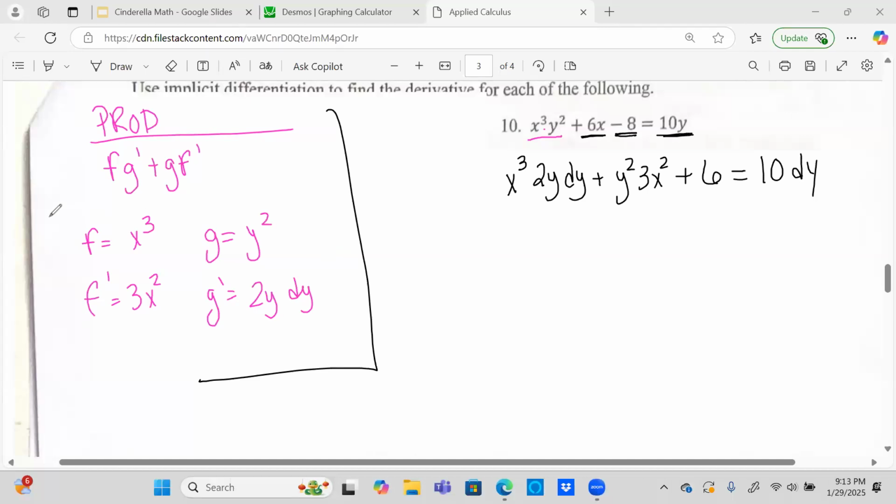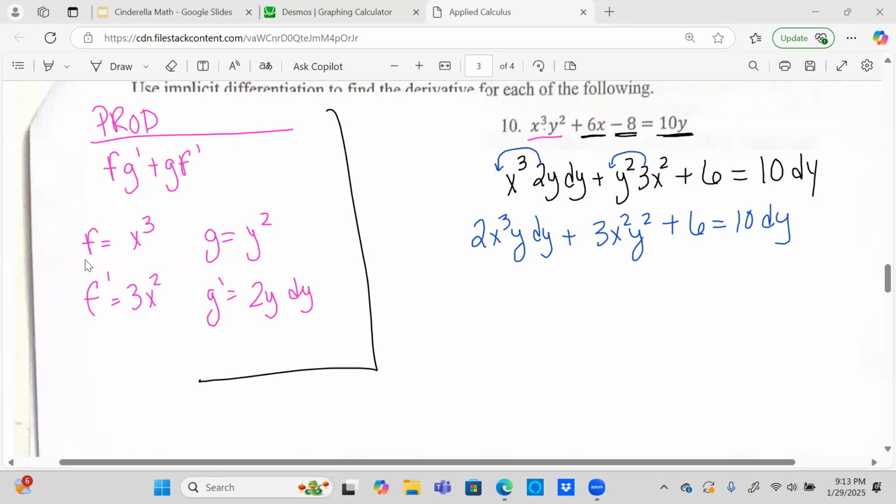Now we just need to clean that up a little bit. It would look better if the 2 was in front. So 2x cubed y dy plus, this would look better if the 3 was in front. And technically we should go in ABC order. So really we should say 3x squared y squared plus 6. There we go. That just looks better. I was just putting it in proper form.